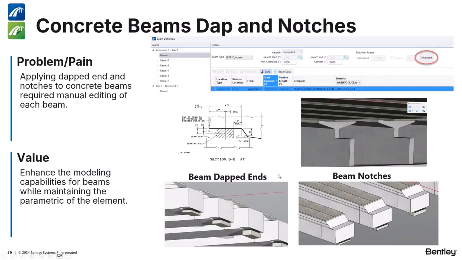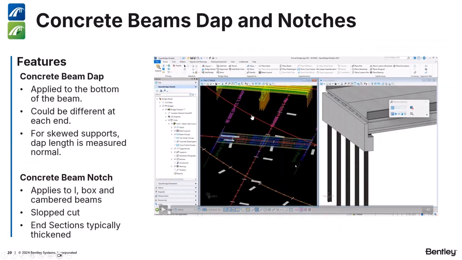Now, this is something that a lot of DOTs do, and they call it dapped ends or beam notches as well. So at the top or at the bottom of the beam, you got the option to specify these cuts that they do on the beams, either straight cuts or with a certain slope. The dap, they call it at the bottom of the beams, and the notch is at the top.